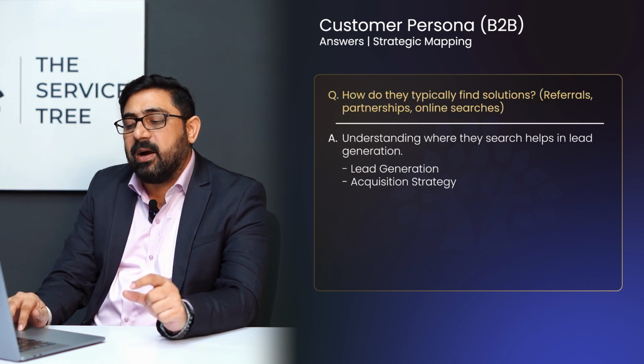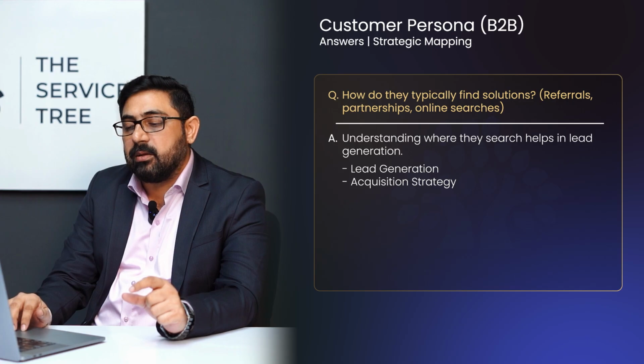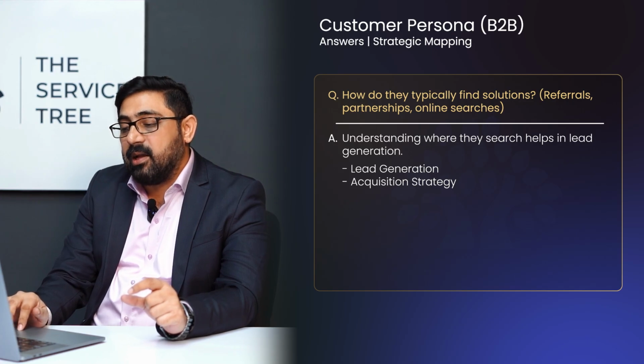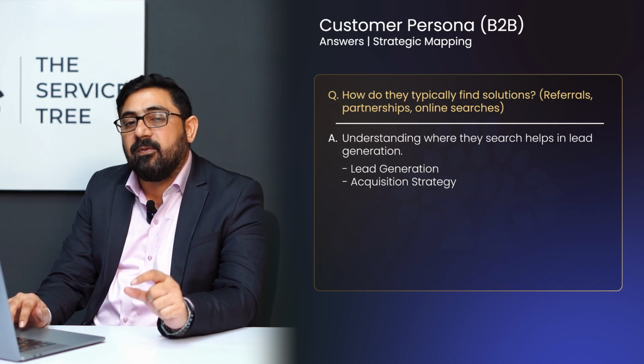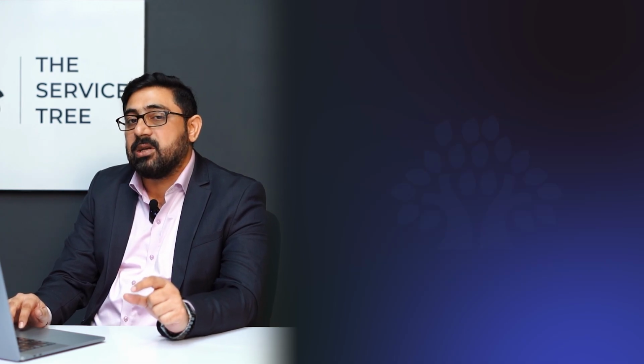How do they typically find solutions? Like they get it through referrals or partnerships or any other medium. So this is actually leading you towards lead generation and defining your acquisition strategy, the customer acquisition strategy, from where you are going to get your customer.